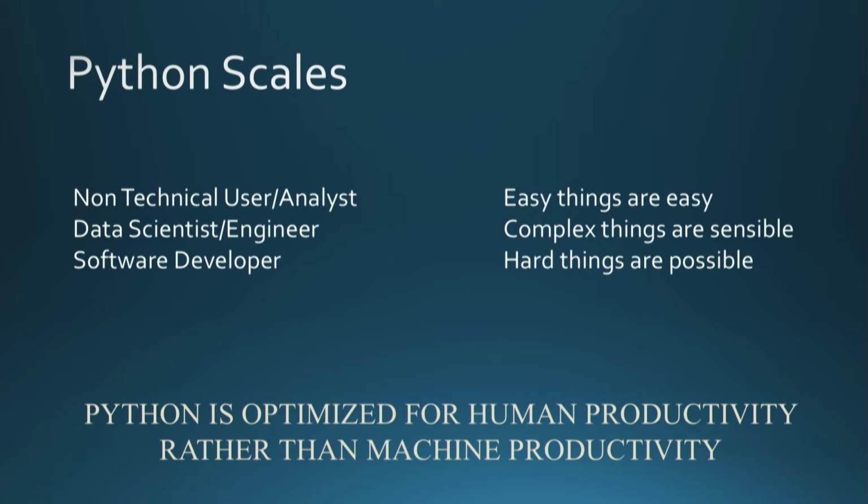I like it because easy things are easy. Print hello world is basically print hello world. Complex things are sensible, and hard things are possible. It's not the best language for any particular thing. If you pick something like functional programming, it's not the best language for functional programming, but you can do it. So it gives you a single place where you can do everything. And I really like this last statement: it's optimized for human productivity.